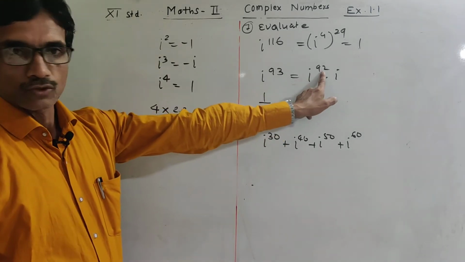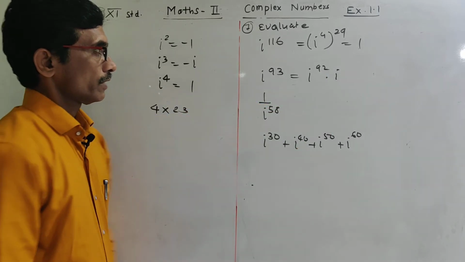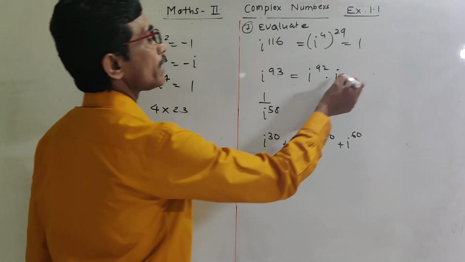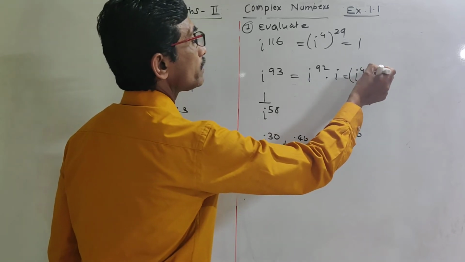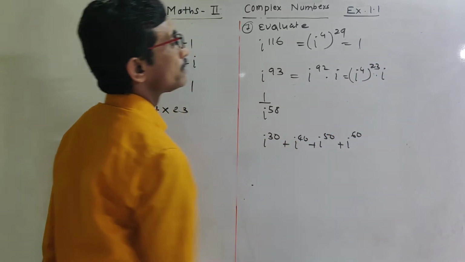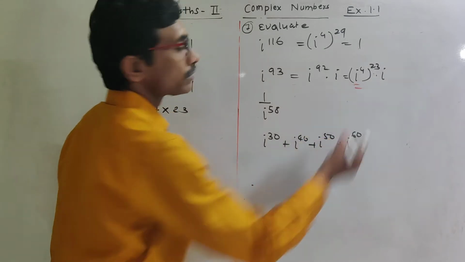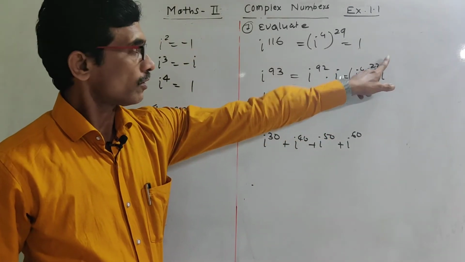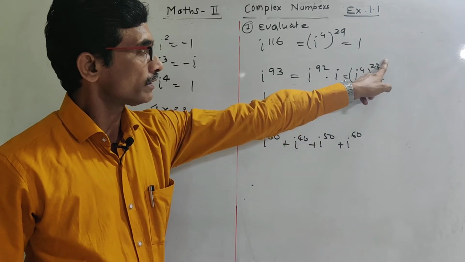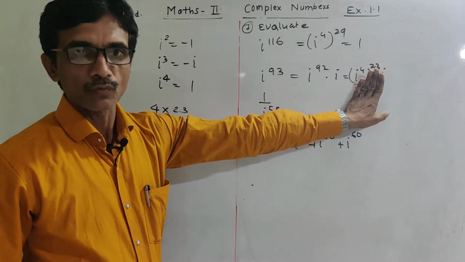So it is i raised to power 92 into i. But i raised to power 92 we write as i raised to power 4 and the whole raised to power 23, into i. i raised to power 4 is 1, and 1 raised to power 23 is 1.